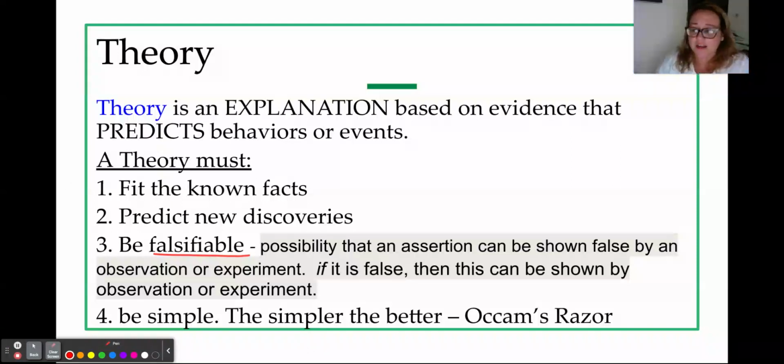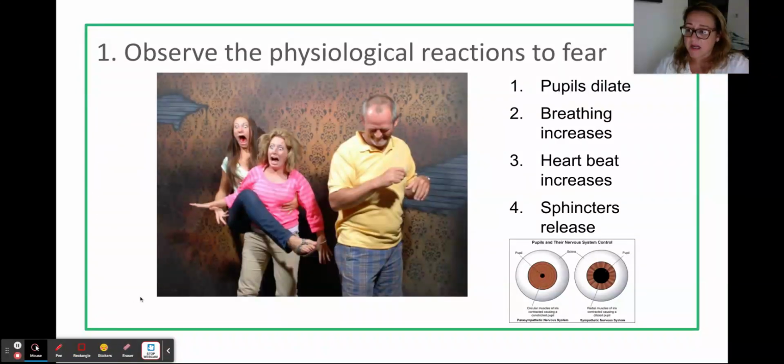Now, this is just to explain a little bit more of what researchers do if they want to observe the physiological response to fear. I need to collect data. How am I going to do that? How am I going to know if someone is scared?